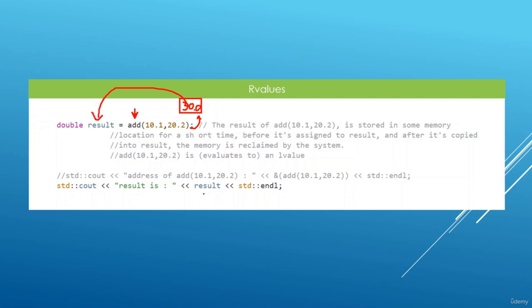And that's what we're going to see if we print this here. But if we try and grab the address of this expression here, this is going to give us a compiler error because we can't grab an address of a temporary, which is really meant to be used for a short time and be destroyed by the compiler or the computer afterwards.